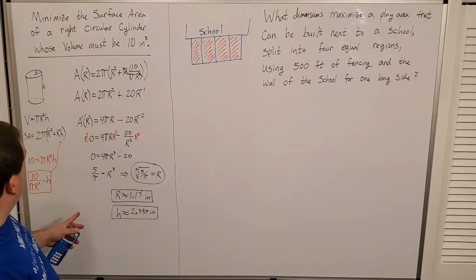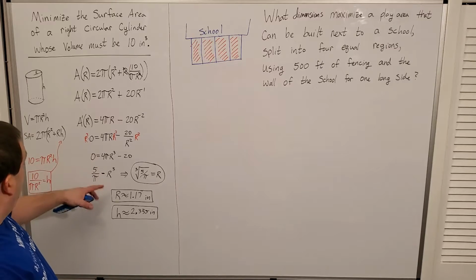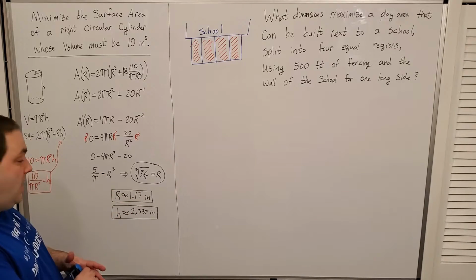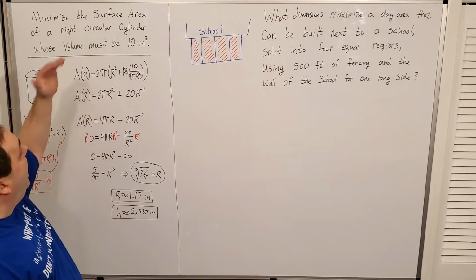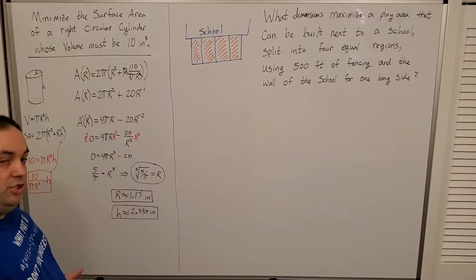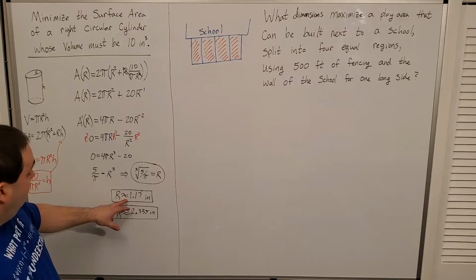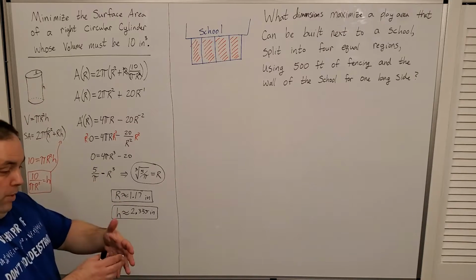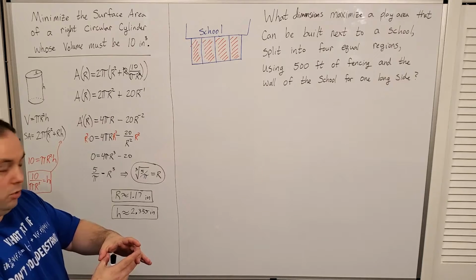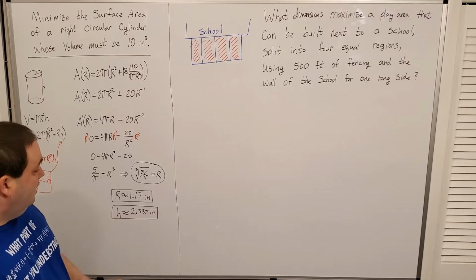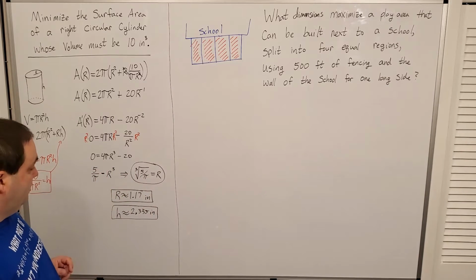So I have minimized the surface area by creating this radius and this height of a can. So if my volume had to be 10 cubic inches, then I would let my radius be just a little bit bigger than an inch, the radius of the circle. And then my height would be just a little bit over 2 inches.